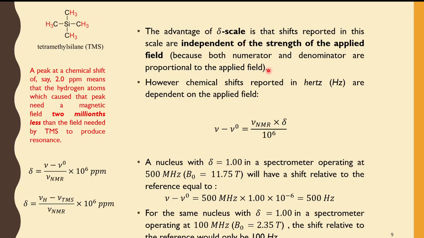Now this is important, especially if you have collaborators. If you have a collaborator in Japan who has an NMR spectrometer at 600 megahertz, and you only have a spectrometer of 400 megahertz, and you run, for example, sample A, and the chemical shift of one of the peaks is at 4 ppm, and your collaborator runs the same sample, then despite using a higher spectrometer, it's still going to read 4 ppm for that particular peak.